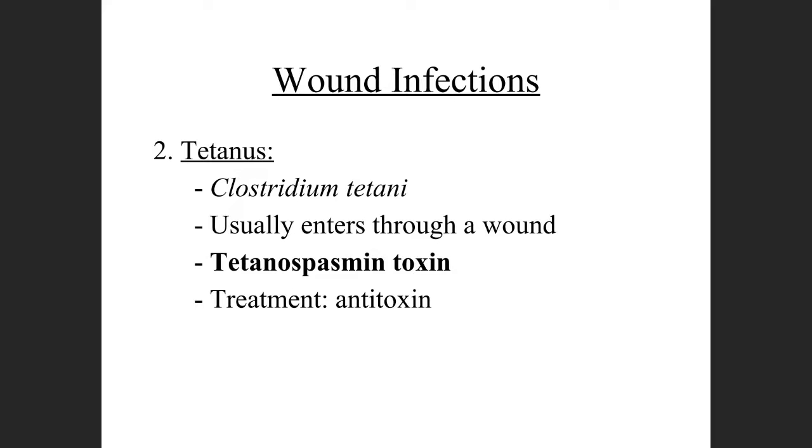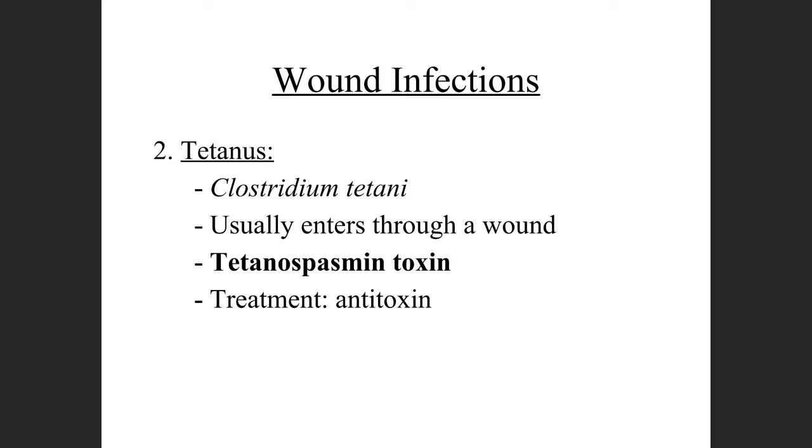The other wound infection that we're going to start talking about today, but we're going to come back to on Wednesday, is tetanus. So tetanus definitely is a wound infection, because the only way that you can get infected with it is by being punctured by a sharp object containing the endospores from the bacteria. And the bacteria is Clostridium tetani.